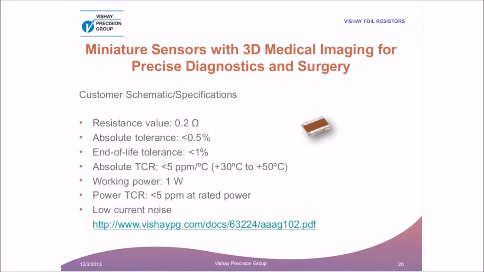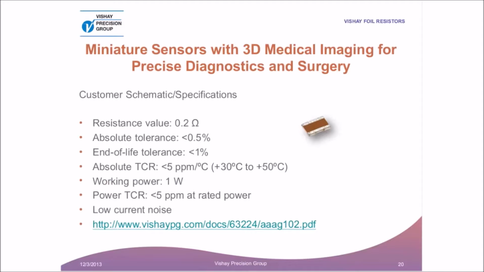Now let's have a look at a medical application, where we have a customer who has designed one of our current sense resistors into a 3D medical imaging application. The requirement was for a 4-terminal 1-watt resistor, and we offered our VCS1625ZP.